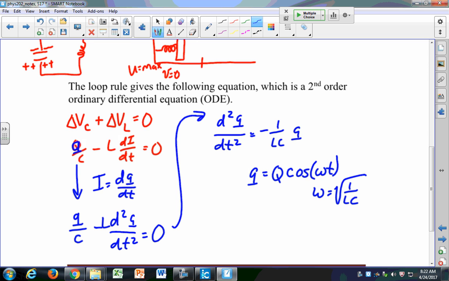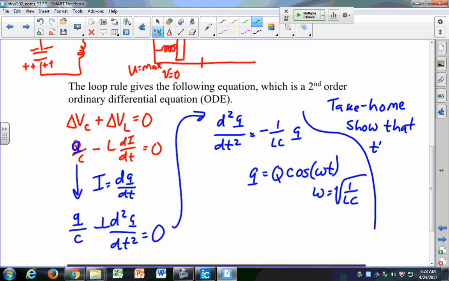So your take home, which I'll put on Moodle sometime soon, is going to be to show that this solution solves this equation. All right, so what you're going to do is take this solution, taking omega to be the square root of 1 over LC, and plug it in here and here to show that these two sides are equal.